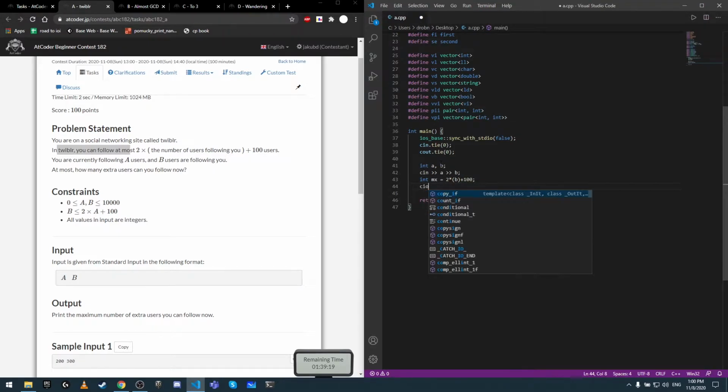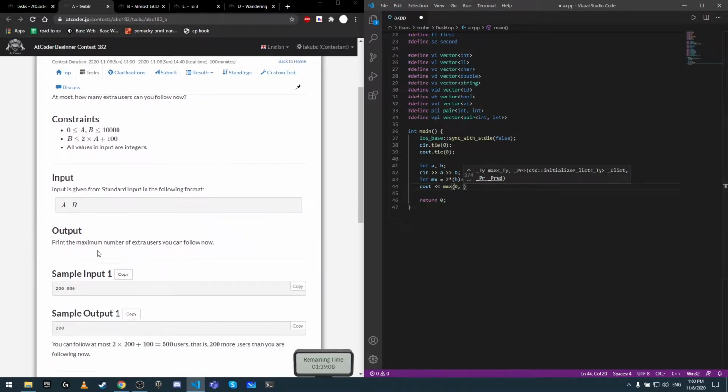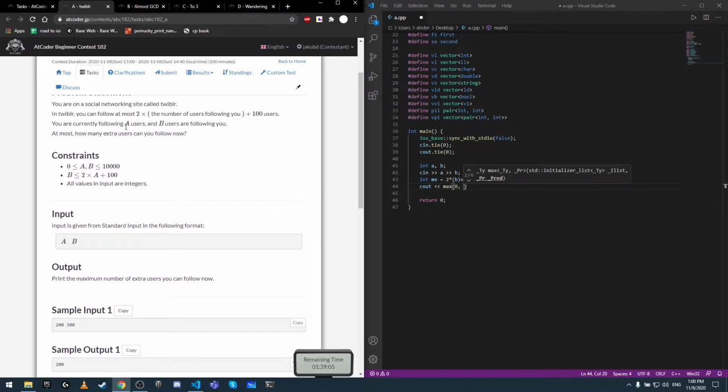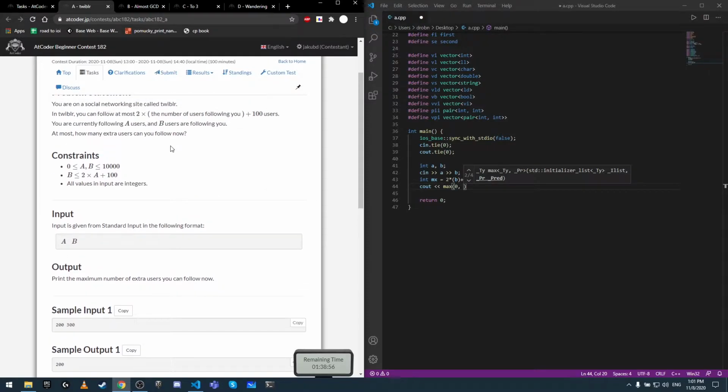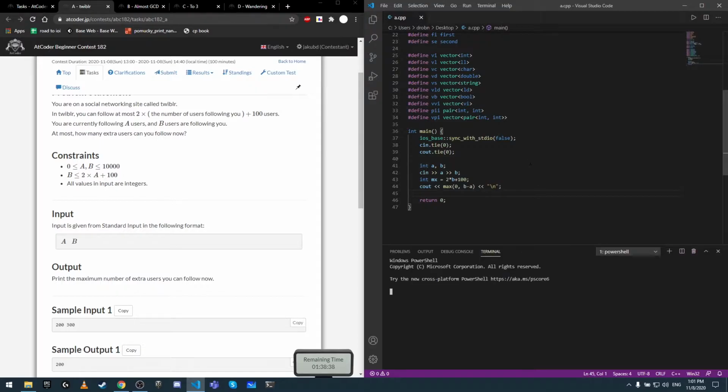And so max 0 because it could be negative, and this should be user for should give me the right answer.